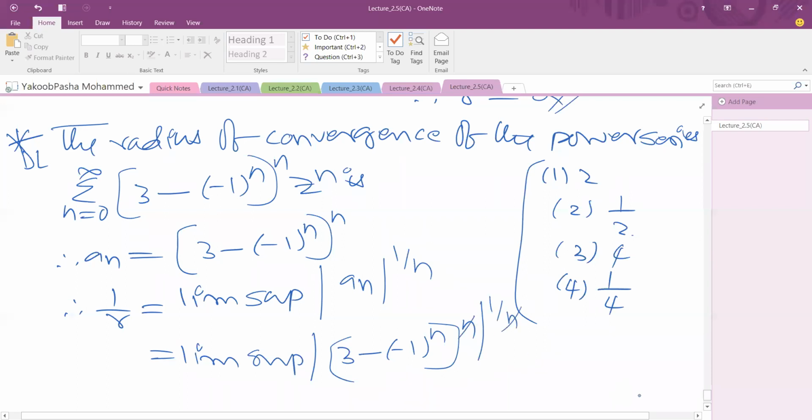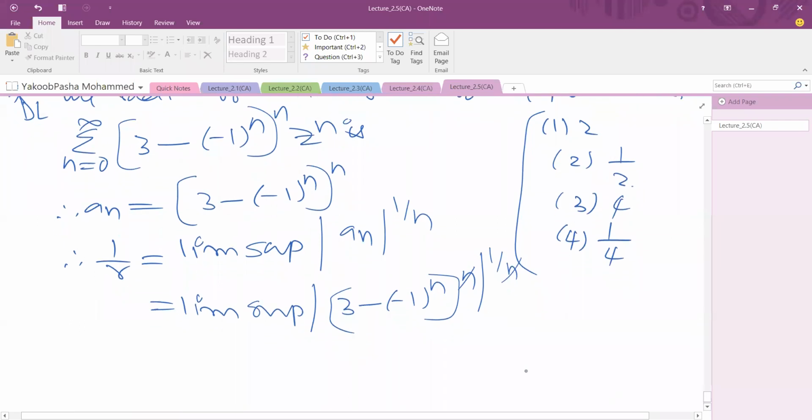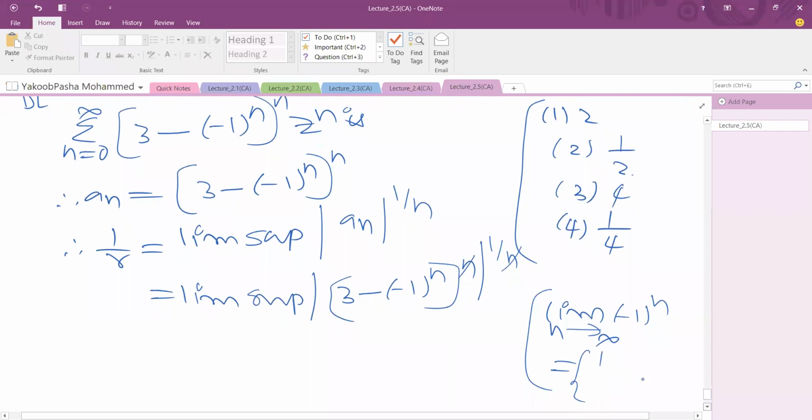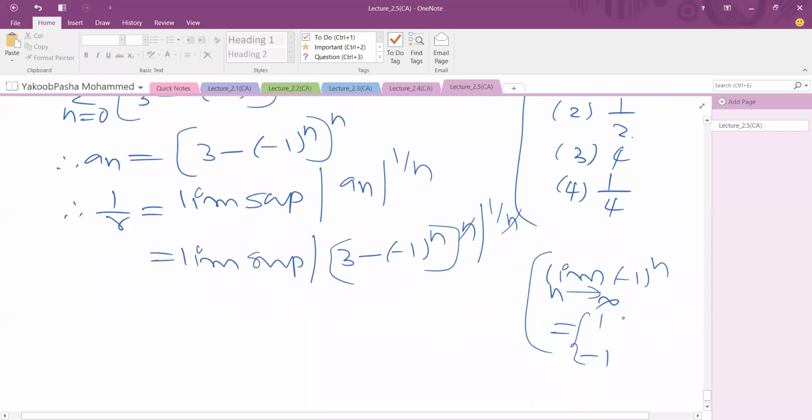This n and n will be cancelled. So as we know that limit n tends to infinity minus 1 to the power of n, 2 possibilities are there. 1 and minus 1. This is for even n and this is for odd n.